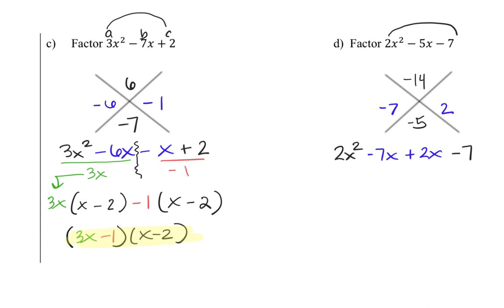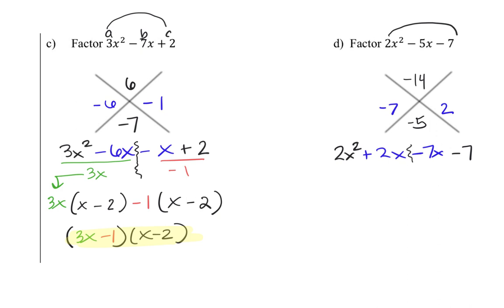Some might not like to have the terms ordered this way because the only thing that can be factored out of this first group is an x, and then this one wouldn't change. So you could still do it that way, but most people will switch the terms around and make it so it'd be plus 2x minus 7x, which then makes it easier to factor out from each of our groups.